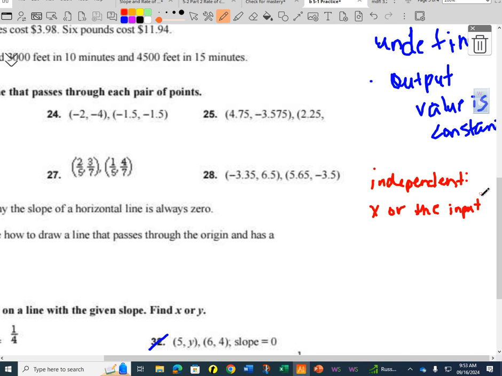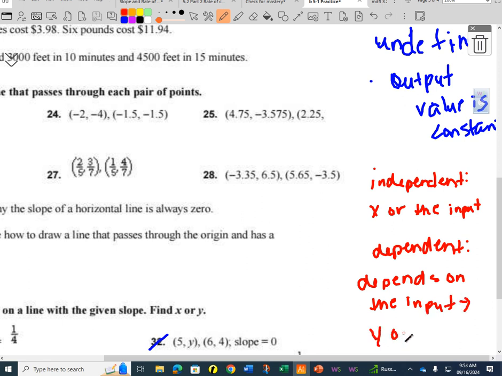The number of tickets is an independent variable because the cost depends on how many tickets you buy. It doesn't have to be an X if there's another letter there, but it's that first number in the ordered pair, right? And a dependent variable depends on the X value, depends on the input. And we call that the Y, or the output.